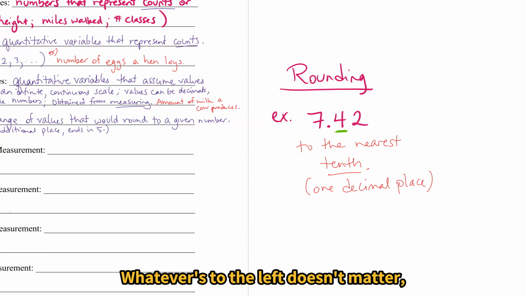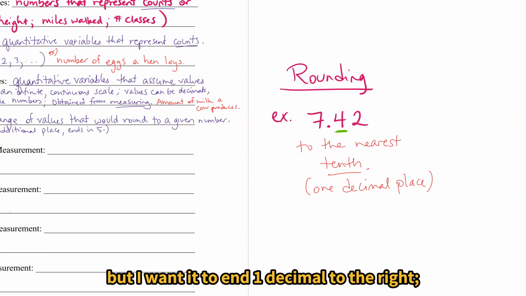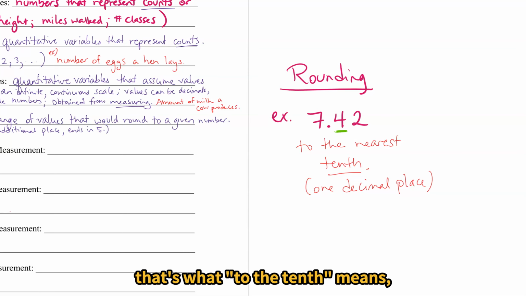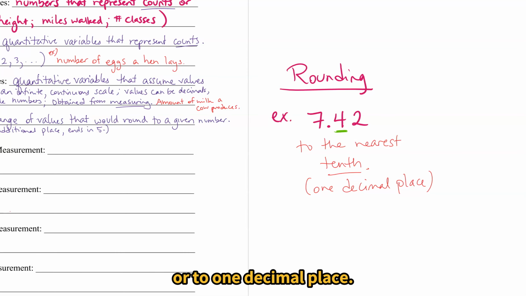Whatever's to the left doesn't matter, but I want it to end 1 decimal to the right. That's what to the 10th means, or to 1 decimal place. One more decimal place, one place after the decimal. So with the 4, I look directly to the right, and I see that I have a 2 there.